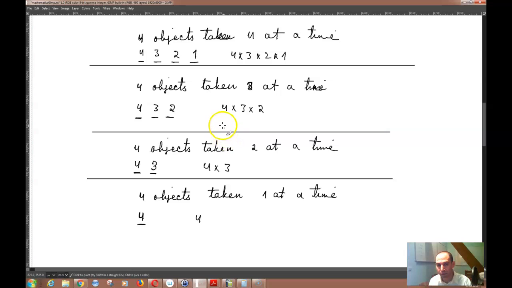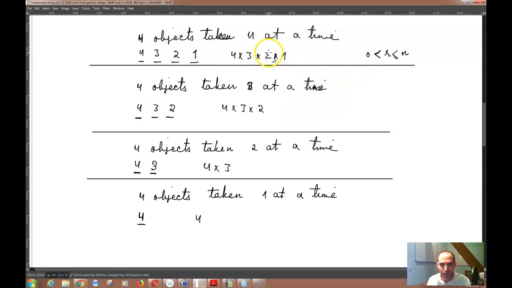So as you can see, in all of these cases, 0 is less than r, less than or equal to n. R is always less than or equal to n, and r is always greater than 0.